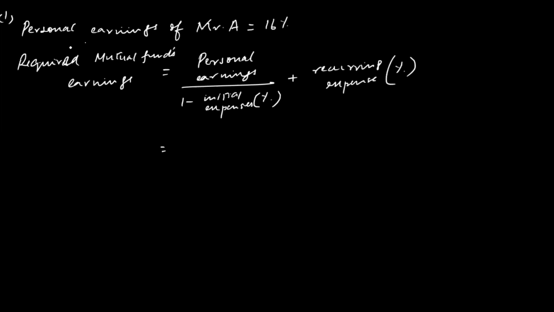So when we put the numbers, we get 16% by 1 minus 5.5% plus 1.5%. That is equal to 18.43%, right?